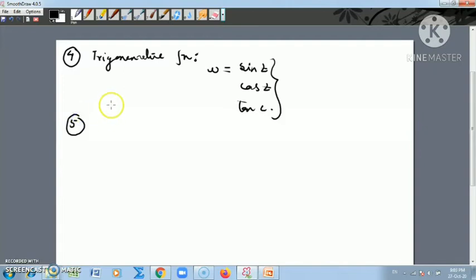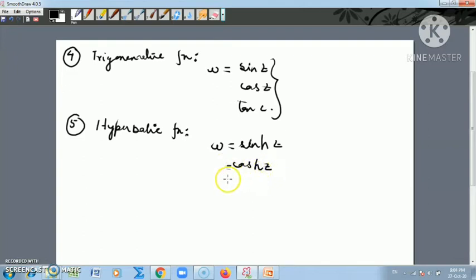Then we also have the hyperbolic functions, where W is equal to sinh z, cosh z, then tanh z. When W is equal to any of these, we call it a hyperbolic function. And obviously this has a relation with exponentiation also.